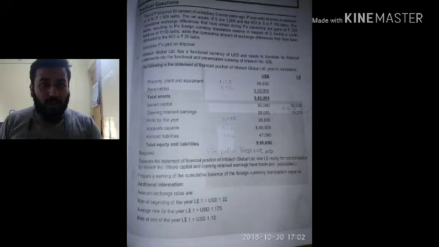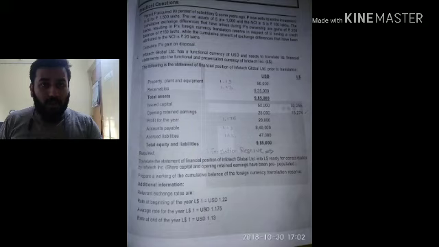Then receivables: we require translation. Issued capital and opening retained earnings: they have already given balances in the functional currency. Profit for the year: yes, we require that. Accounts payable: yes. Accrued liabilities: yes, again we require that.